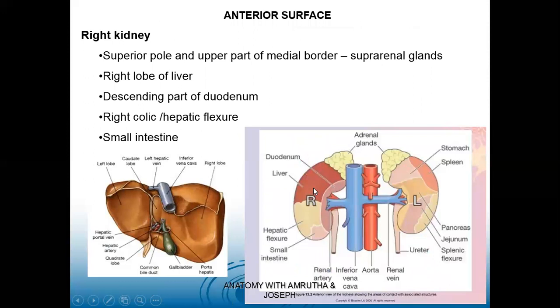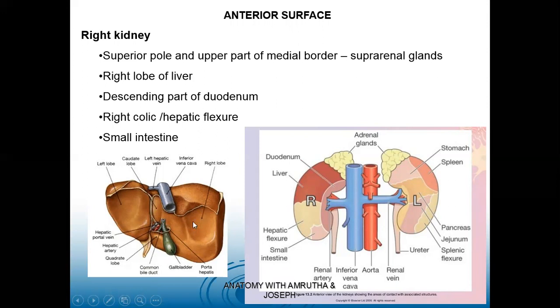The anterior surfaces of the right and left kidney are different, as the structures in the abdomen are different on the right and left side. The superior pole of the right kidney is related to the suprarenal gland, and also the medial border of it is related to the suprarenal gland. This area is related to the right lobe of liver.